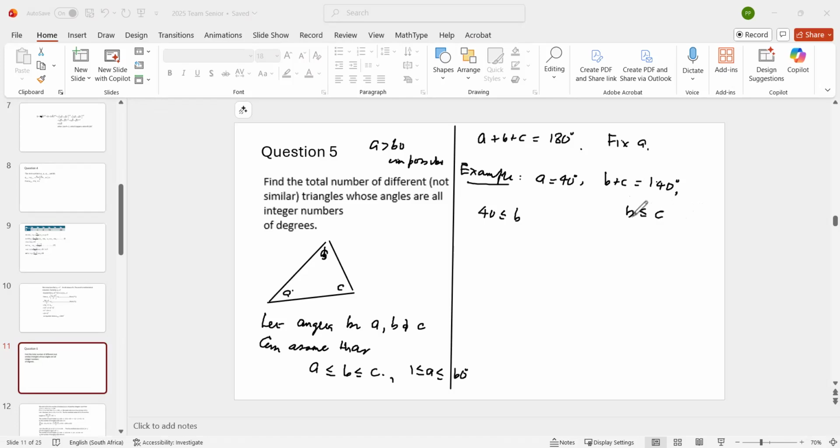So the largest value that b can have is 70, in which case b and c are both 70. B can't be 80 because otherwise c will be 60 and you want b to be less than or equal to c. So the largest value is 70.